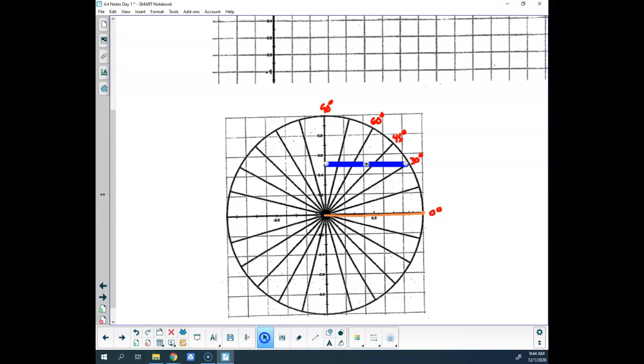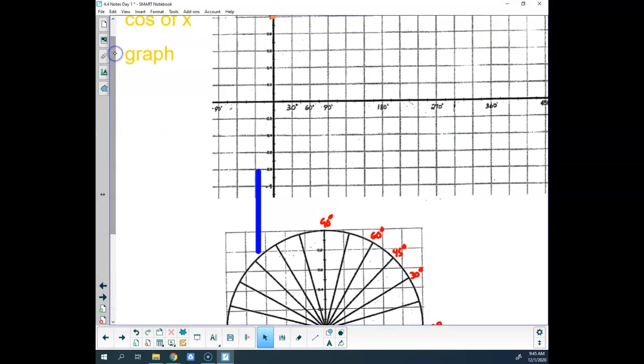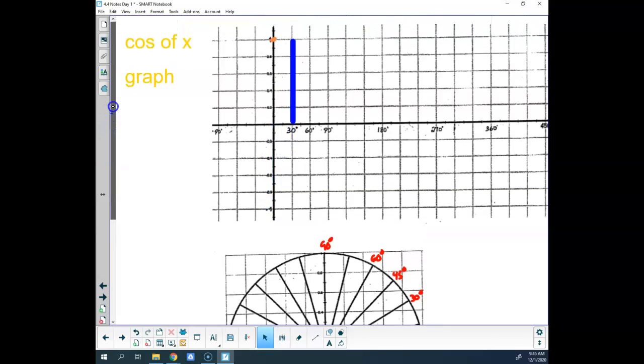This is where I had issues before, because it's got to be spun. That distance right there. So then that's got to be spun, and then at 30 degrees, right there.